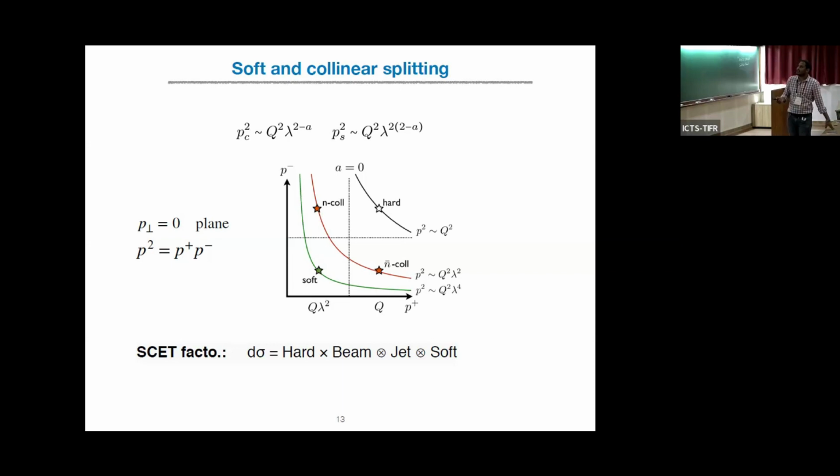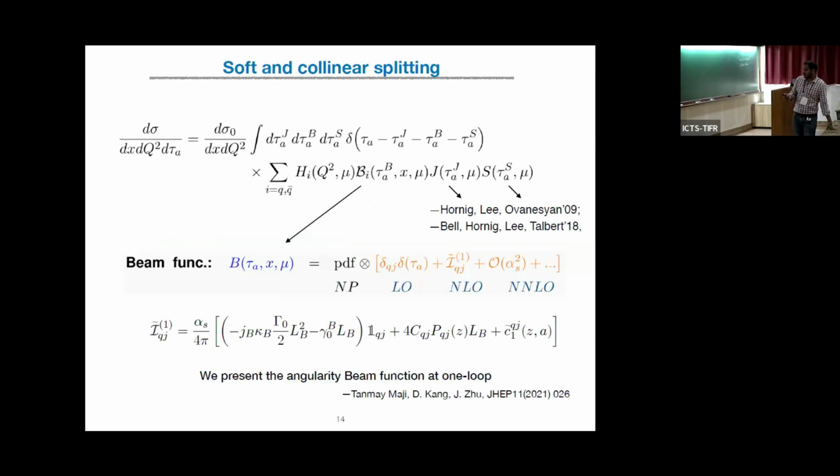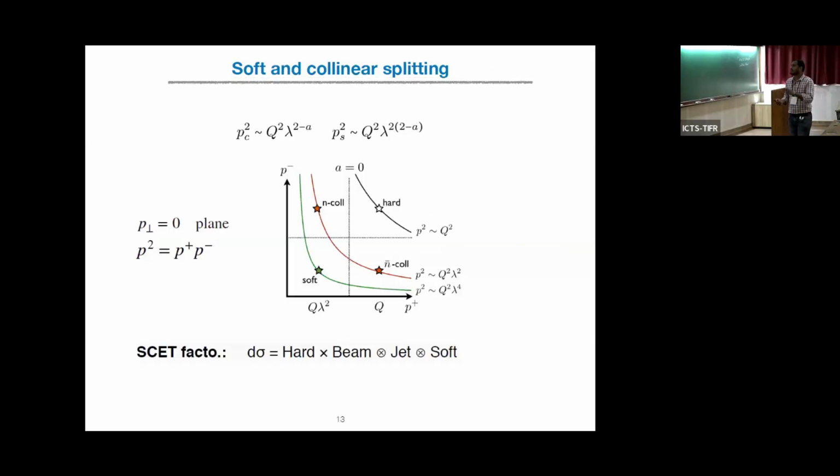Now if we draw in the p plus, p minus phase space, we can see that the collinear and soft parts are clearly factorized. In this way, we factorize the beam and jet functions. In this DIS case, one should think of our beam as also being one of the collinear parts.